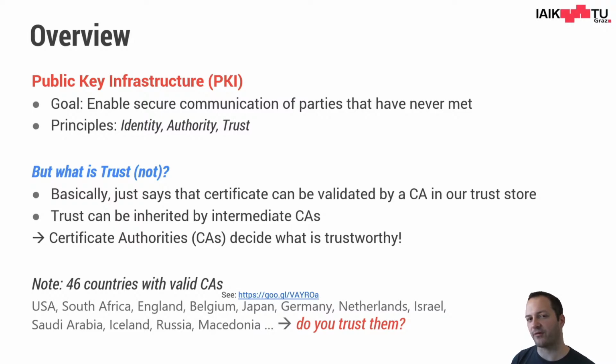So by that, this means that any kind of root or intermediate CA decides what is trustworthy. And among these 130 certificate authorities in your browsers, a lot of them actually belong to different countries. The EFF organization built a list, if you're curious, if you just check the list of CAs in your browsers, and you will see that for a lot of them you don't even understand the name.